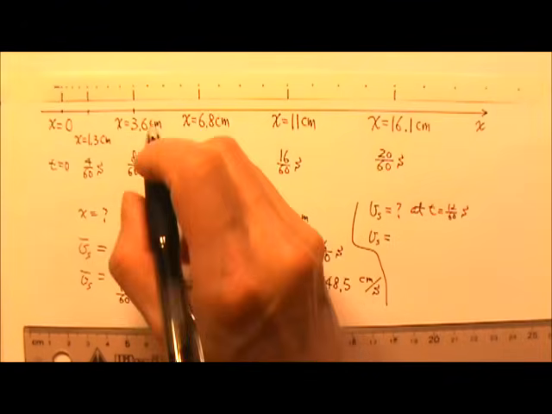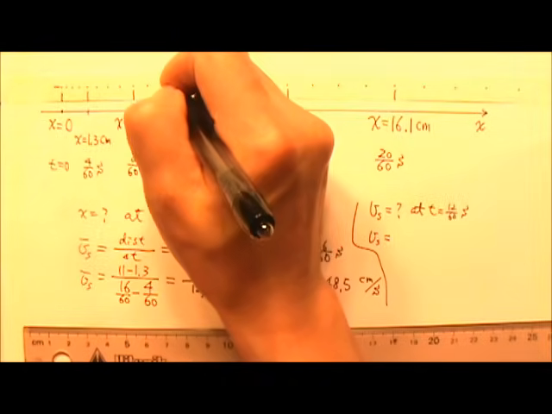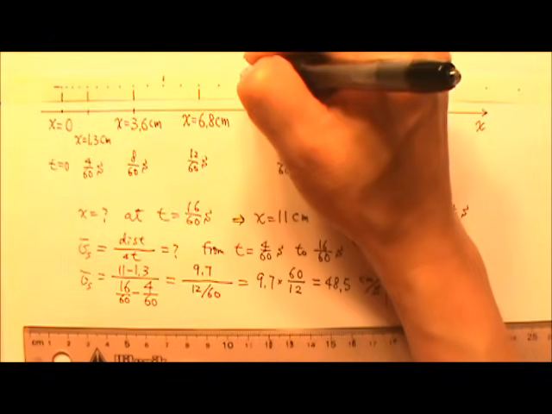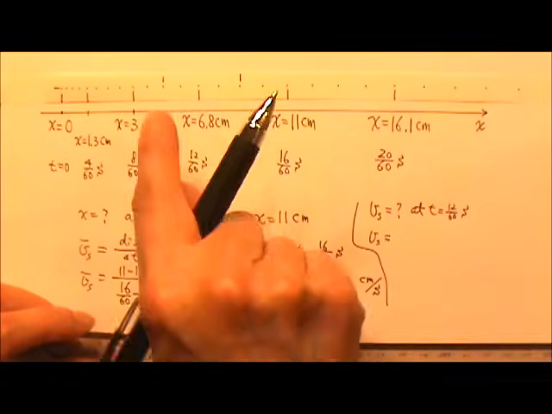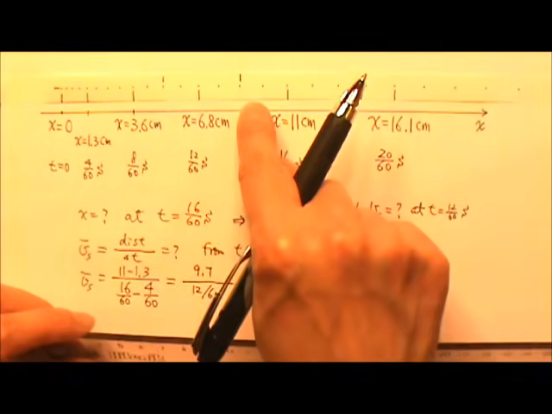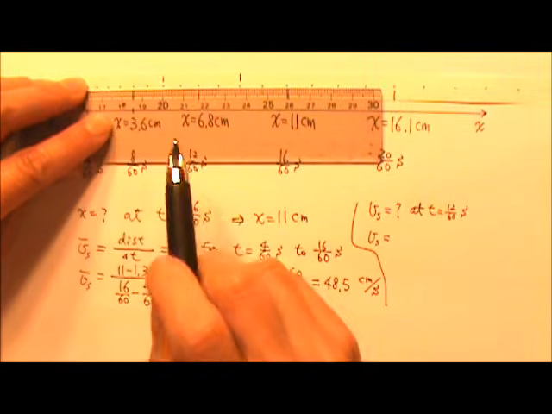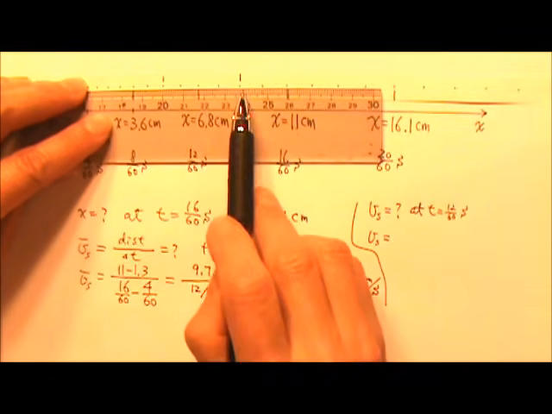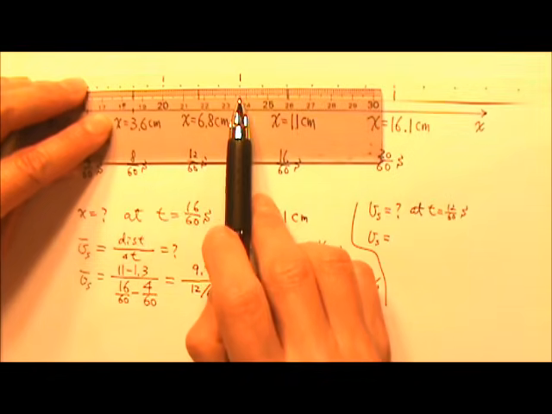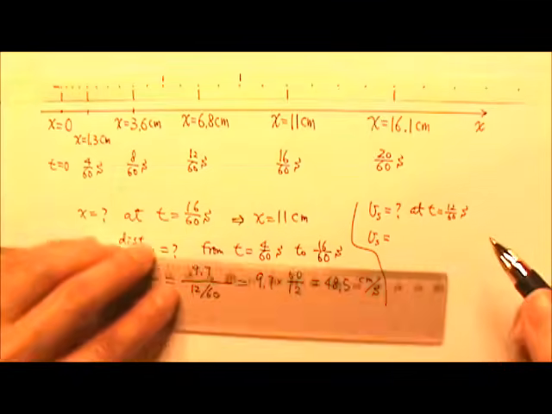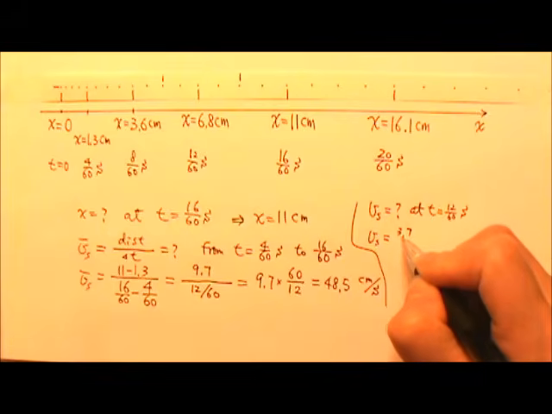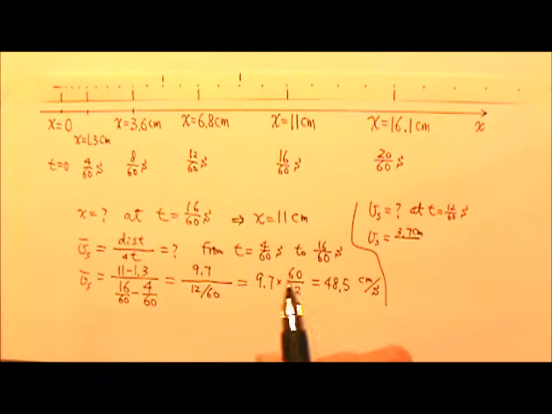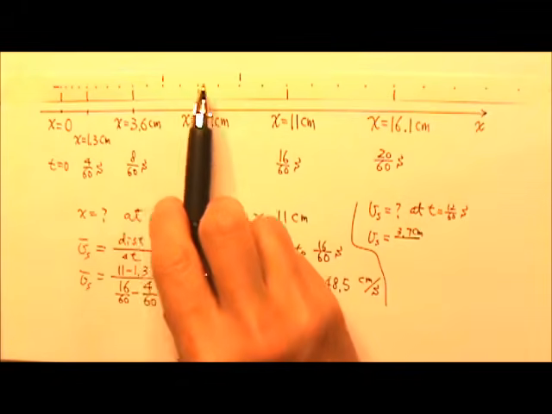Okay, so let's say I choose to measure the distance between these 2 dots. I'll have to measure the distance and then divide it by the time interval. The distance between these 2 dots will be 3.7 centimeters. So this will be 3.7 centimeters divided by the time interval from here to here.